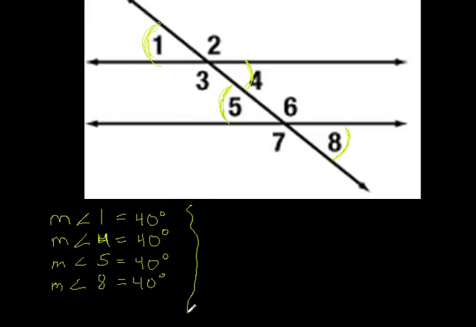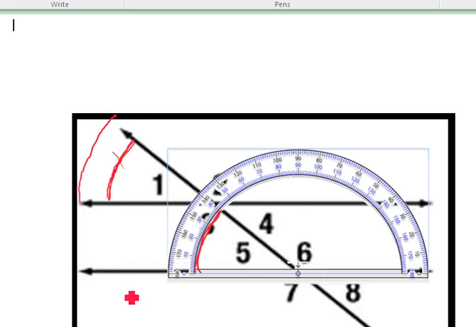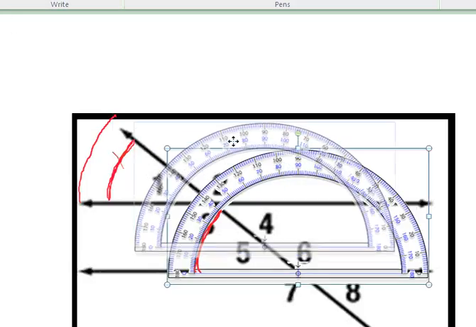Well, what about angles 2, 3, 6, and 7 here? What do those measures equal? Let's go ahead and measure them and find out. I'm taking the protractor again here. Let's measure angle 2 first.